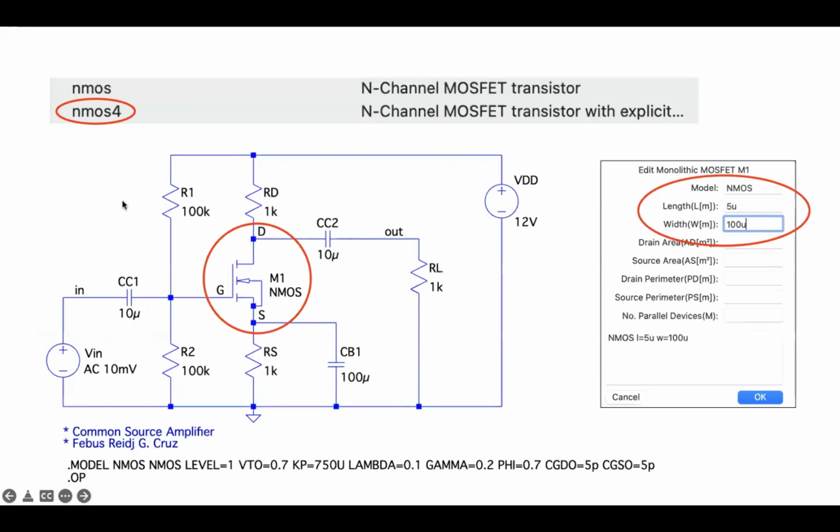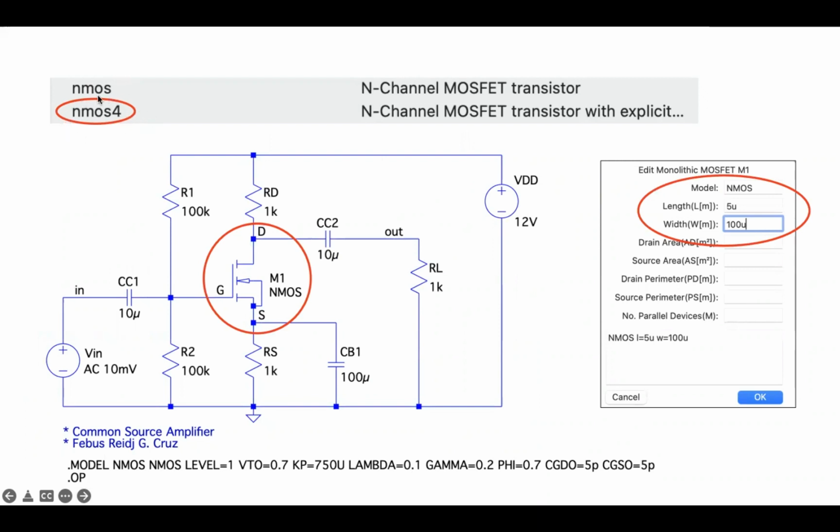In our hand calculation, we indicated the width over length ratio. So in order to include that in the simulation, instead of using the NMOS component in the LTSpice, we can use the NMOS4.